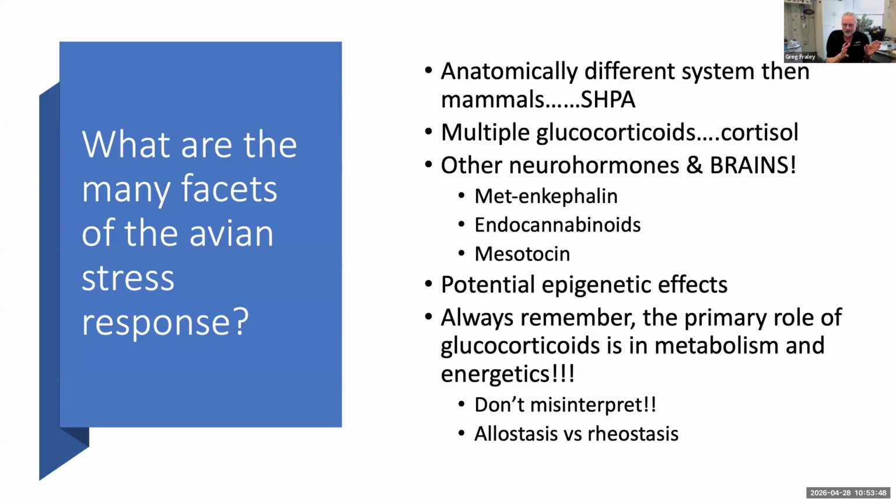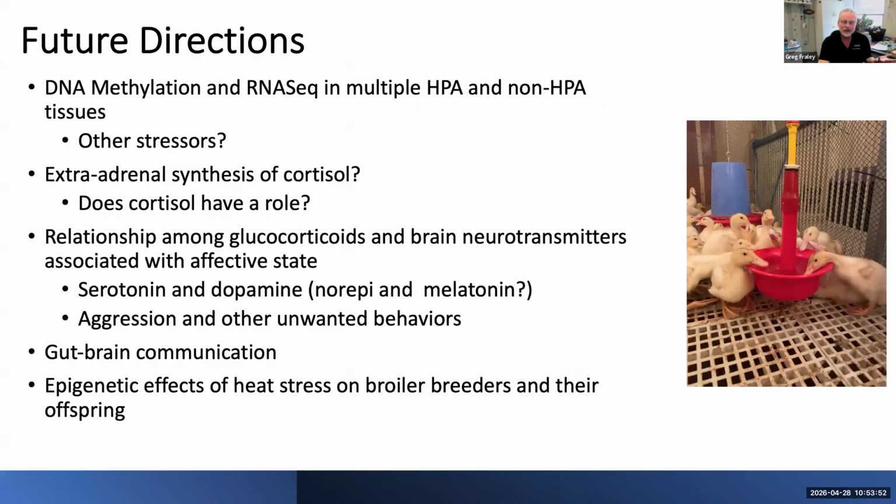We have to remember the allostatic versus rheostatic changes. So again, we're looking at these possible epigenetic effects, and looking at serotonin and dopamine and how this has effects on aggressive behaviors in ducks, which is very different than chickens, and other unwanted behaviors.